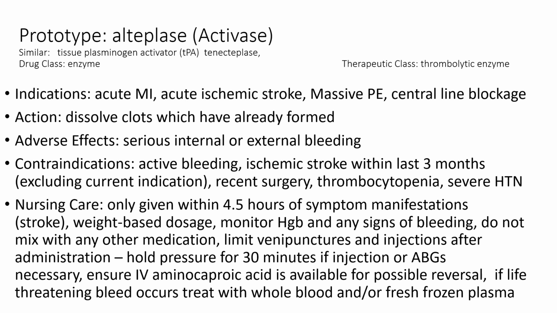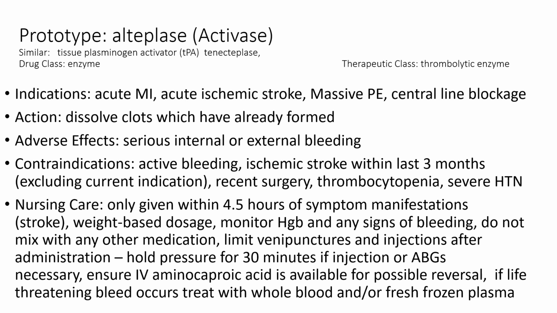So in strokes, we need to get this drug in within 4.5 hours of the onset of the stroke. So this will likely change with time. So the number of hours may be different when you're listening to this tape. So currently it's up to 4.5 hours. Okay. What do we monitor?